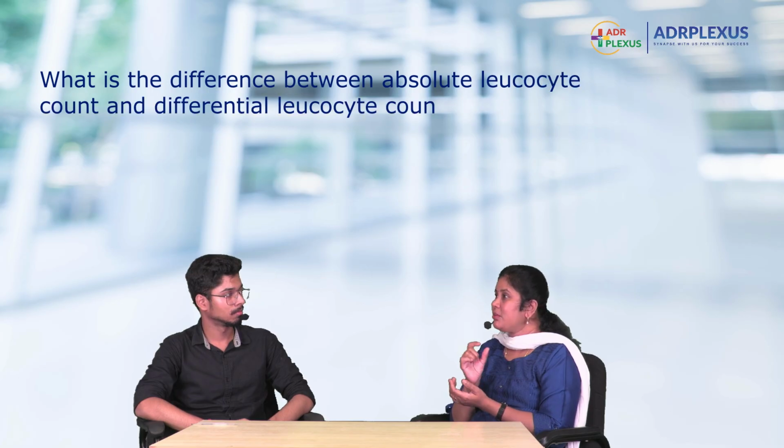Now, what is the difference between an absolute count for any cell and a differential count? Absolute count is calculated with the values of DLC as well as the TLC. Whereas differential leukocyte count only gives the percentage of each type of leukocyte.